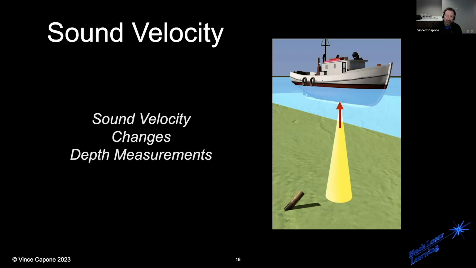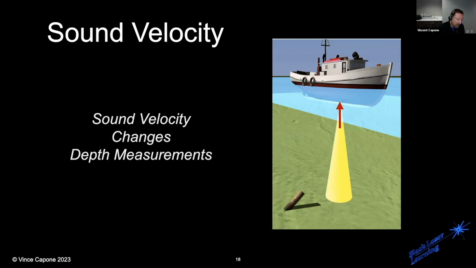And we'd lower that bar and adjust it, lower that bar and adjust it. And that's how we determine velocity. Now we physically measure sound velocity, and we correct for that in single beam, multi-beam, and underwater positioning. So it's an important parameter that we need to be aware of.